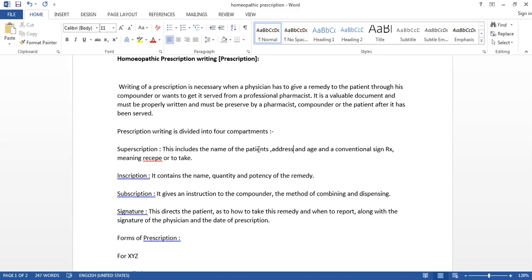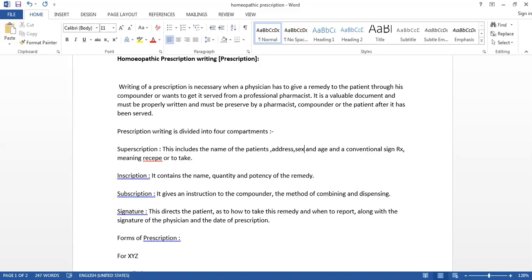Then the sex of the patient is again important here, because certain diseases are common to the female, and certain diseases are common to the male genital system, the female genital system. Accordingly they will have the diseases, and the second reason is again the susceptibility and the potency, so we should know the gender of that patient.